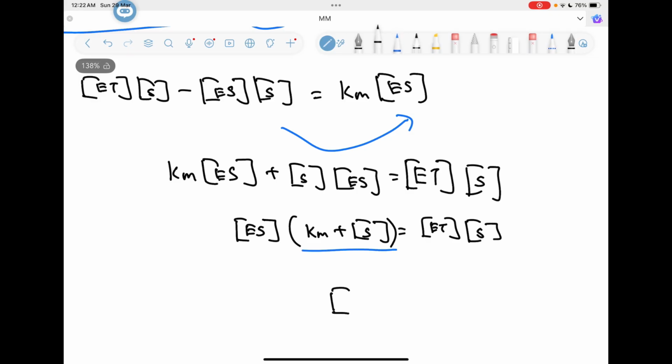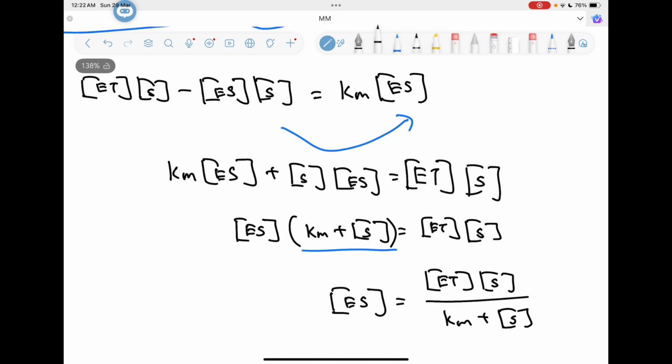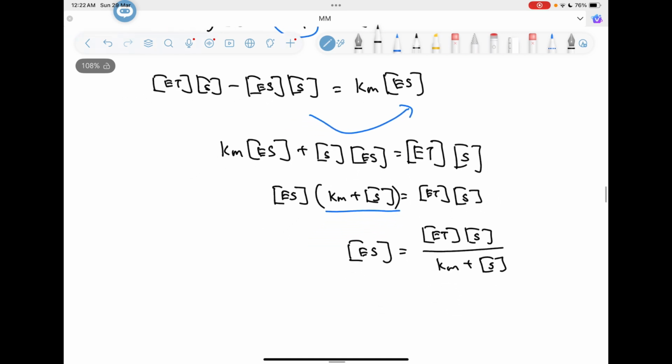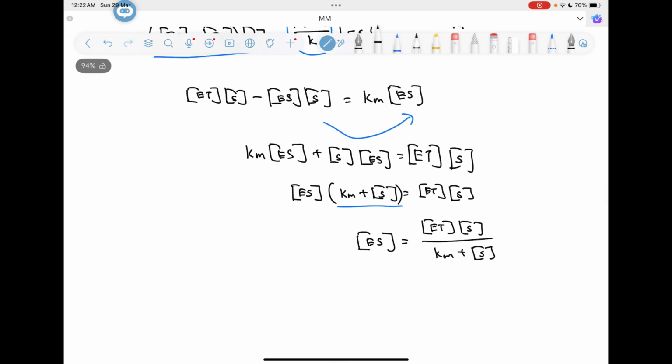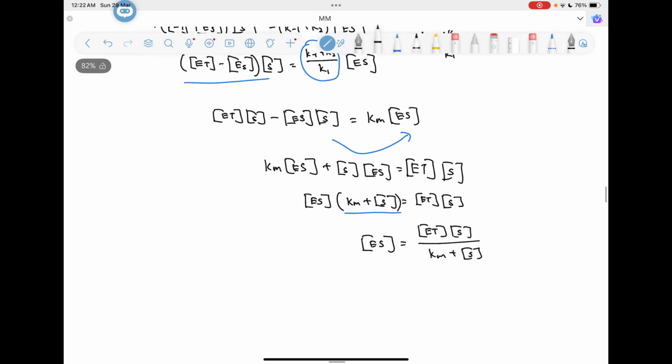So now ES will be equal to ET S over Km plus S. Okay, so now our equation has some semblance of the Michaelis-Menten equation.